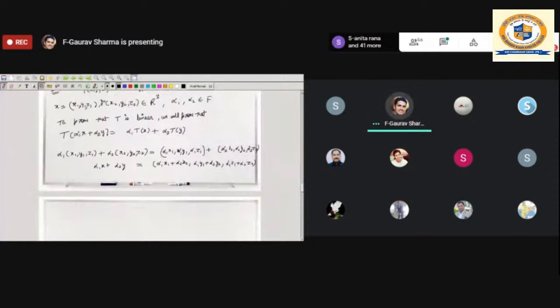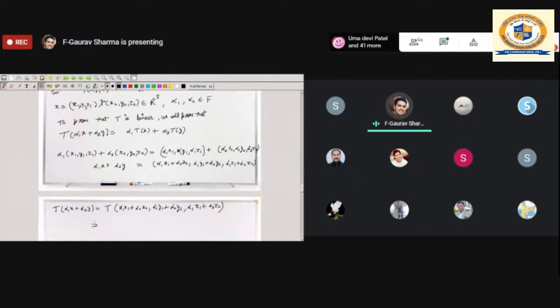So T of alpha 1 x plus alpha 2 y equals T of alpha 1 x1 plus alpha 2 x2, alpha 1 y1 plus alpha 2 y2, alpha 1 z1 plus alpha 2 z2. So what will be the resulting image of this transformation?